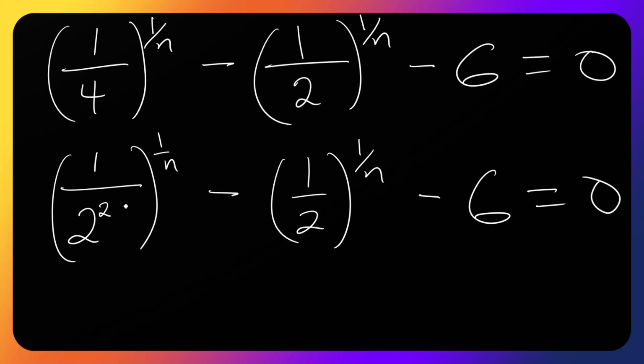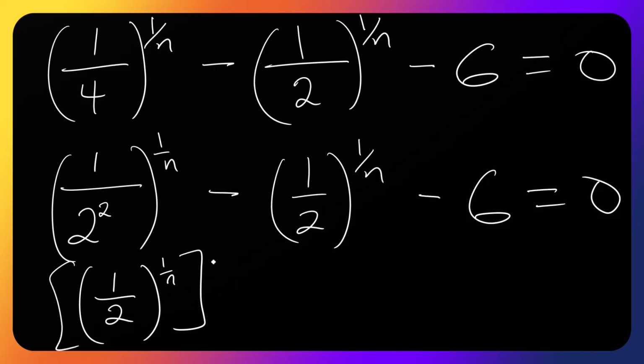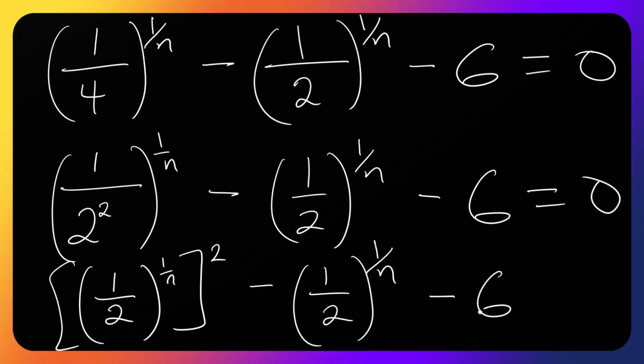Remember the same rule, we can bring these two out. So that will be 1 on 2 raised to 1 on n, raised to 2. Taking the 2 out, going back, these two will affect this and this one as well. So minus 1 on 2 raised to 1 on n minus 6 equals 0.